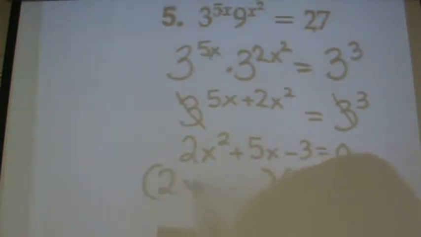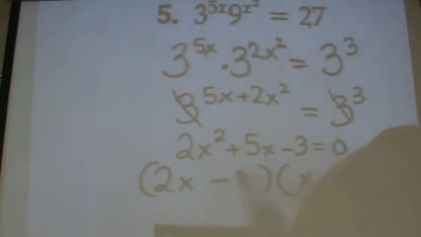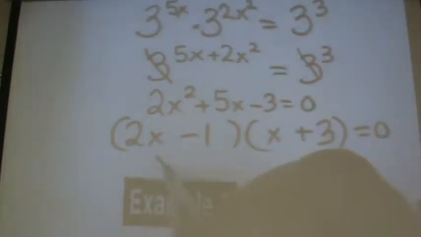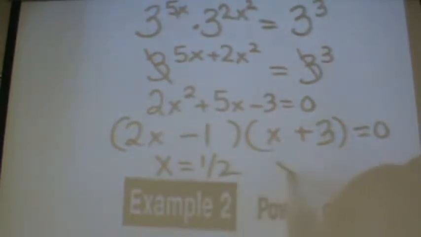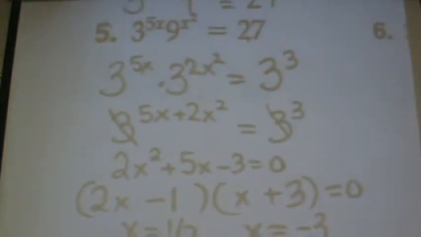So you have 2x and x. This is going to be a 6 here because you want a positive. Whoops. No. 3. 3 and a negative 1. So what are your two answers here? Negative 3 and 1/2. Do you get this? Okay.